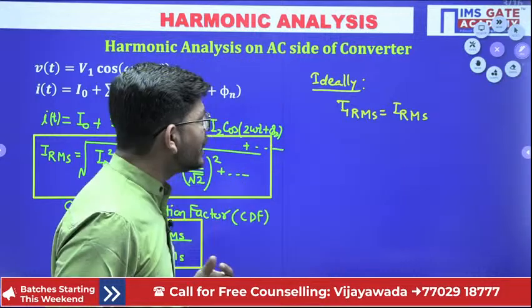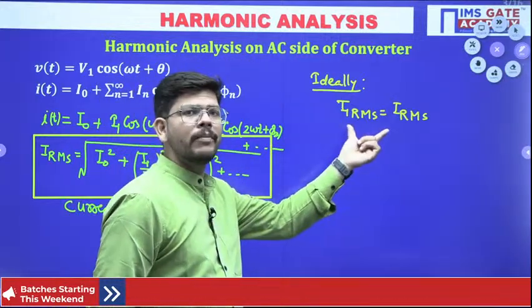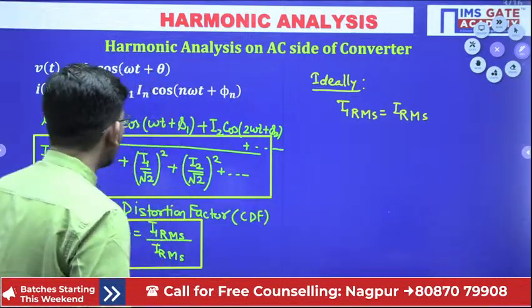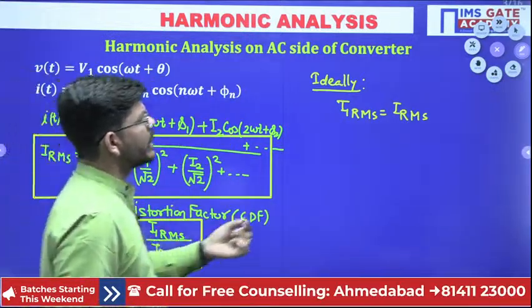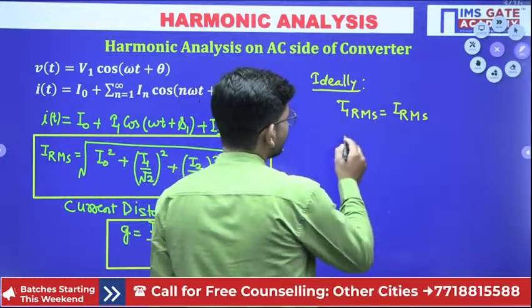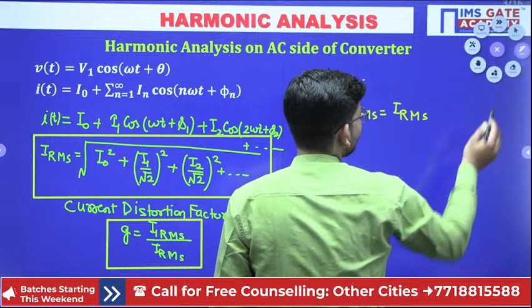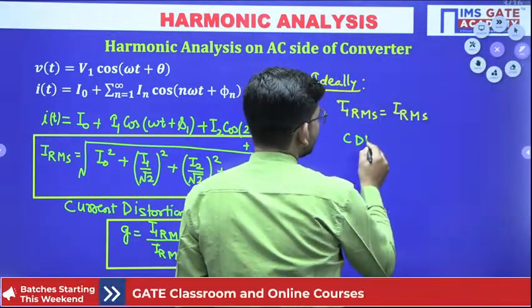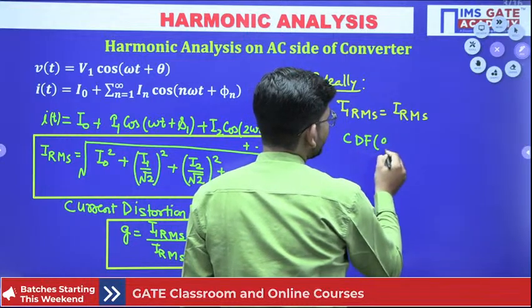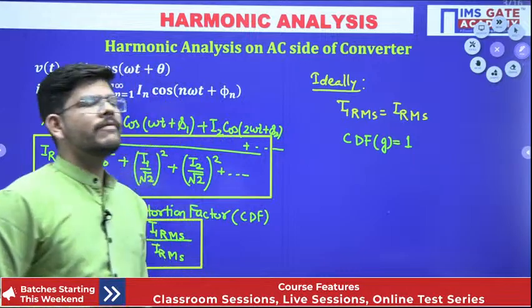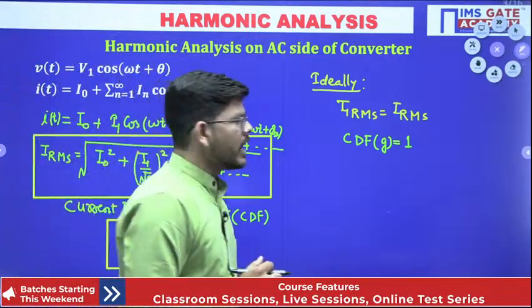Ideally we want only the fundamental component. If the other frequency components are 0, we get IRMS equal to I1 RMS. In that case the value of CDF, that is G, will be equal to 1. So ideally this should be the value of the current distortion factor.